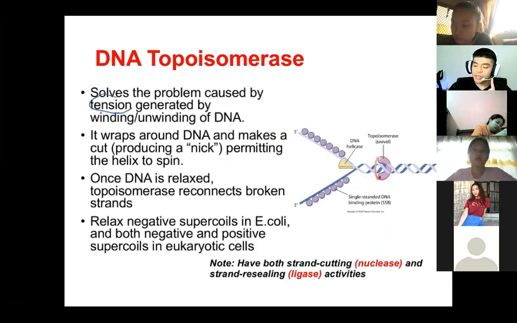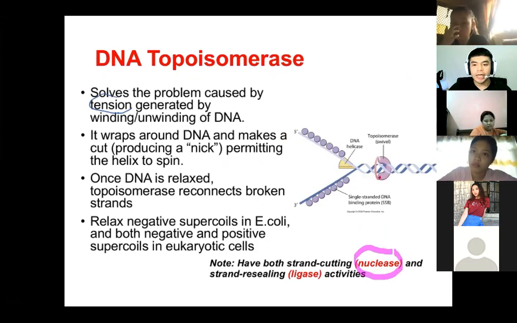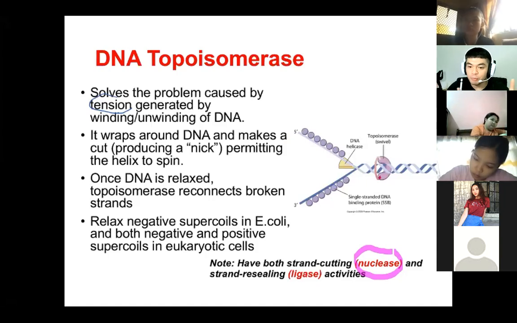Now, take note that topoisomerases have two activities. Meron silang dalawang actions. Number one, meron silang nuclease action. Pag sinabing nuclease action, they can cut temporarily the supercoiled strands. Puputulin muna nila in the meantime. And then after that, kapag na-relieve na ang supercoiling, when everything gets back to normal, ire-reseal nila yun ulit.